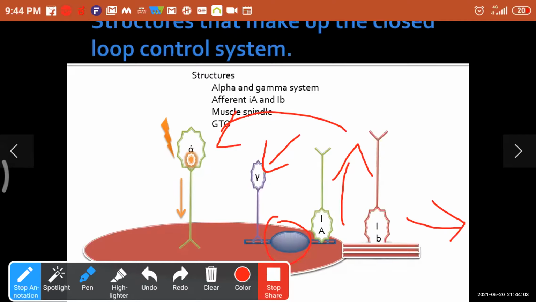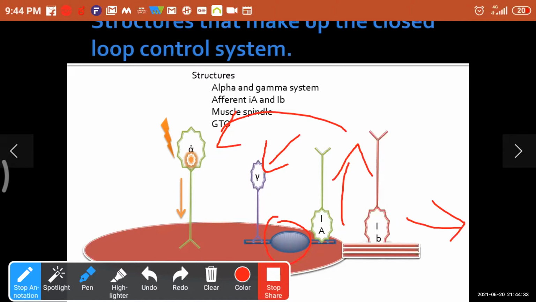Now, when your gamma motor neuron is being stimulated, what will happen to the muscle spindle? It will again be stretched. Yes, the center portion will be stretched if the edge of it is contracted. Then if it's stretched, which neuron do you think will be activated?